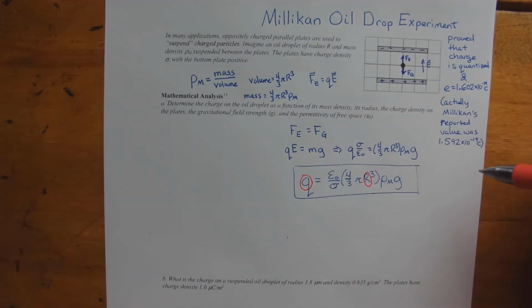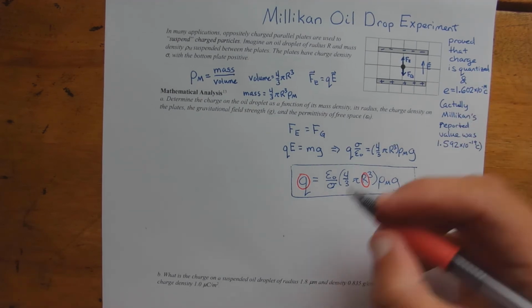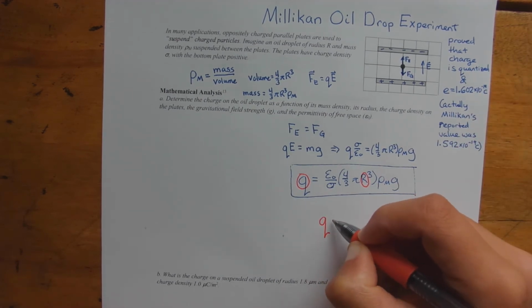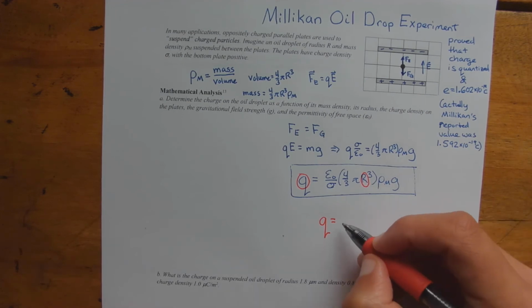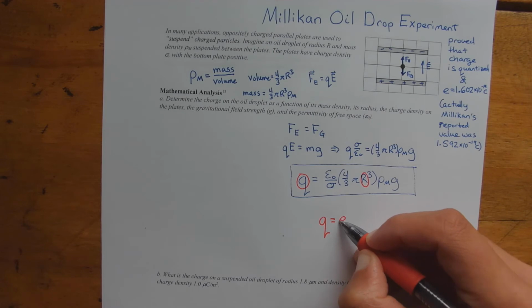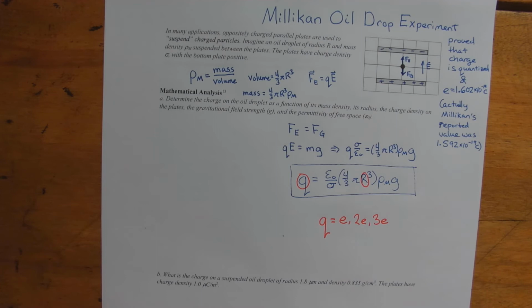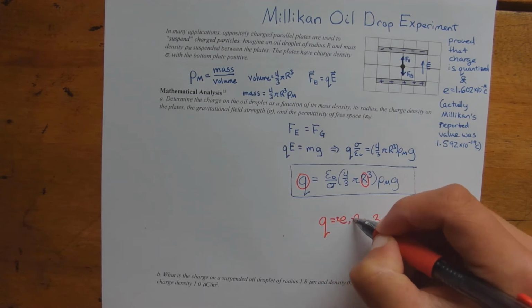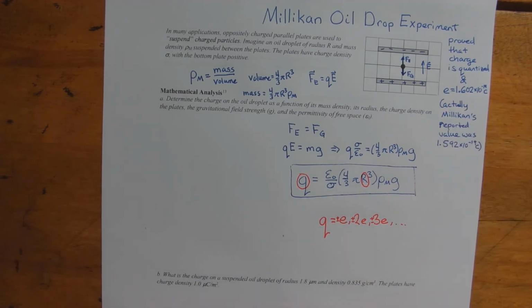Now, when Millikan did this experiment, he showed that charge was quantized. So after looking at a bunch of different oil droplets, he noticed that all the charges that he got were multiples of e. So you could get e, or 2e, or 3e, and you could actually get negative values also, and so on, but they were all multiples of the elementary charge.